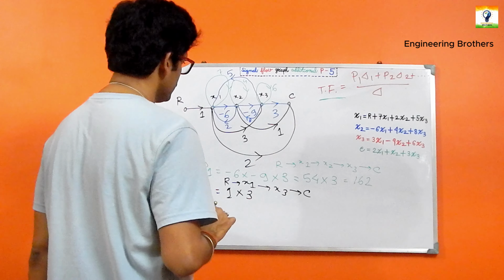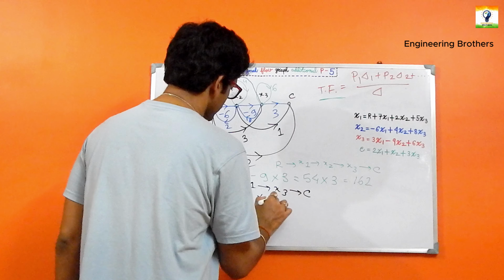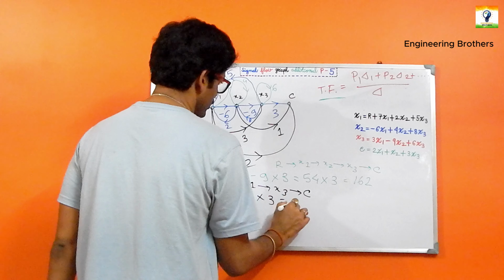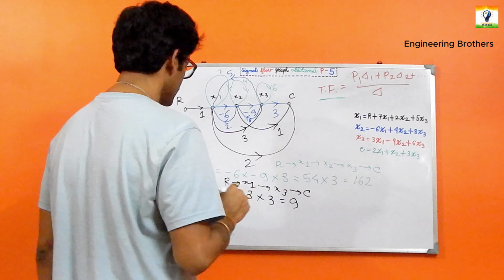And then finally the gain for that path will be 9.